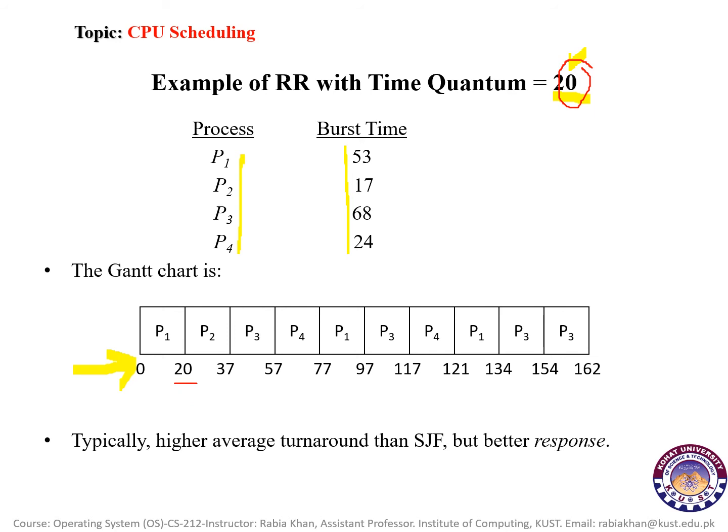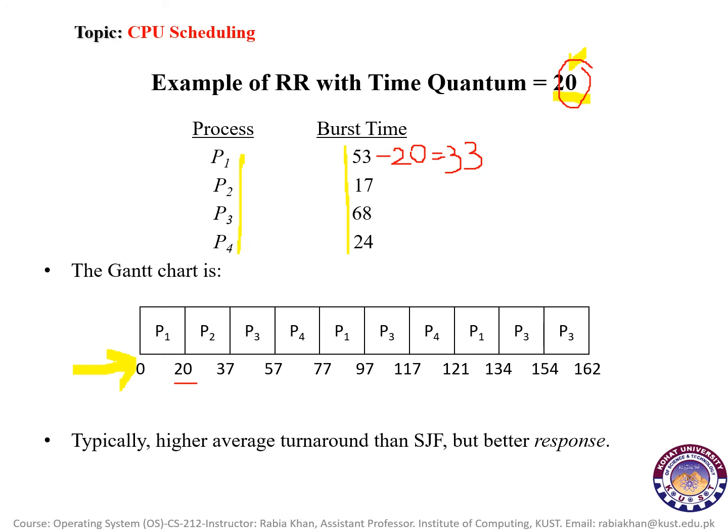Now the remaining time of P1 is calculated. 53 was its total time, 20 milliseconds has already been given to it, so its remaining time becomes 33. So it will come again and require CPU for 33 milliseconds more.